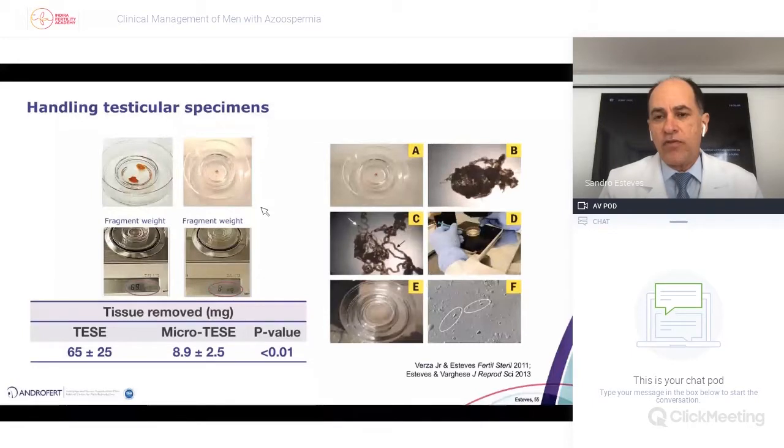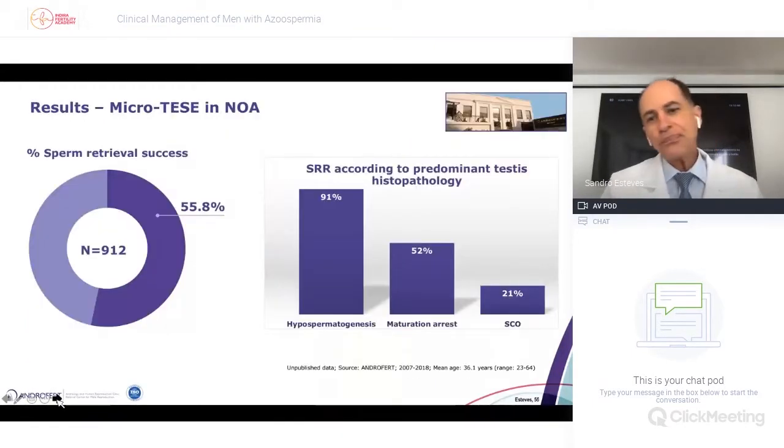The other thing about microTESE that I like is that we provide the laboratory with small pieces of tissue, and as I told you, the embryologists can check the seminiferous tubule diameter, and they start doing the mechanical mincing with the more enlarged tubules. So they select the tubules using the stereo microscopes and the inverted microscope, and they go for the enlarged tubules, which will optimize the efficiency of sperm retrieval.